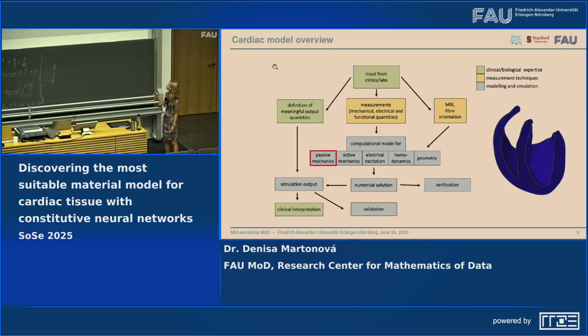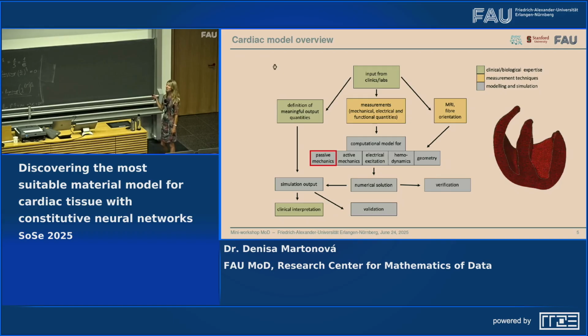This is usually obtained from MRI data, and it also includes fiber orientation. Having this, we proceed with the numerical solution. Usually we use finite element methods, the gold standard in mathematical modeling. Then we have to verify and, of course, validate the model. Here it is essential to speak to clinicians in order to have meaningful interpretations and to put it back into the clinical context.